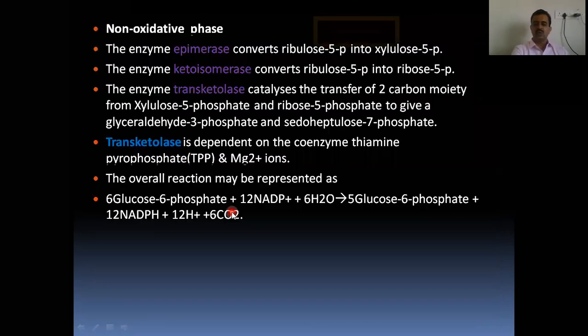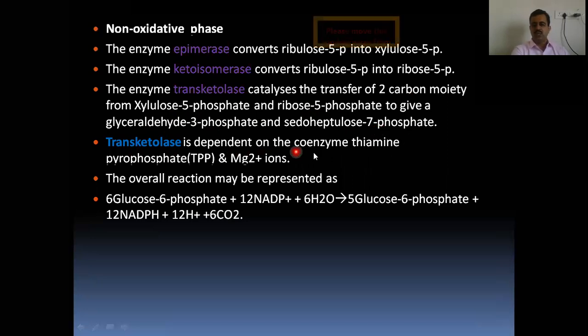Now, second phase, that is the non-oxidative phase. The enzyme epimerase converts ribulose 5-phosphate into xylulose 5-phosphate. The enzyme ketoisomerase converts ribulose 5-phosphate into ribose 5-phosphate. The enzyme transketolase catalyzes the transfer of two carbon moieties from xylulose 5-phosphate to ribose 5-phosphate to give glyceraldehyde 3-phosphate and sedoheptulose 7-phosphate.